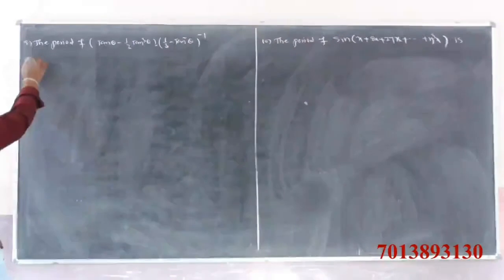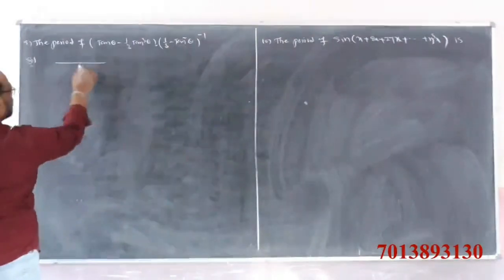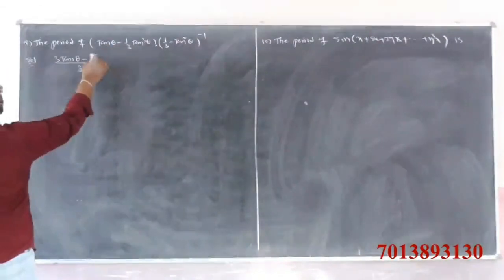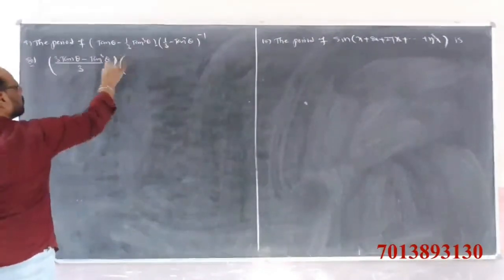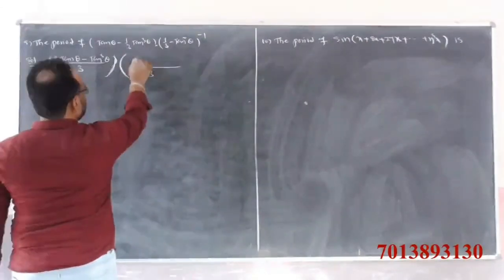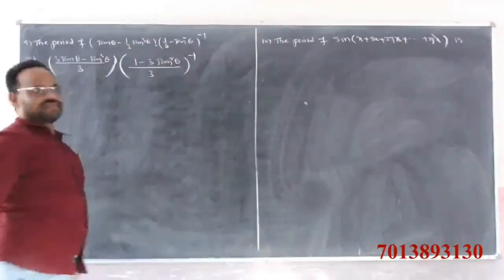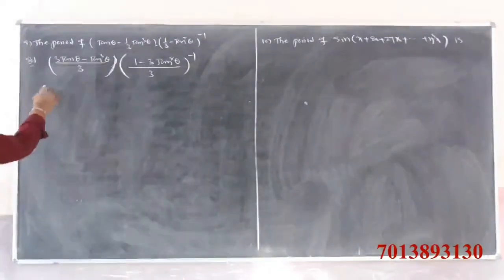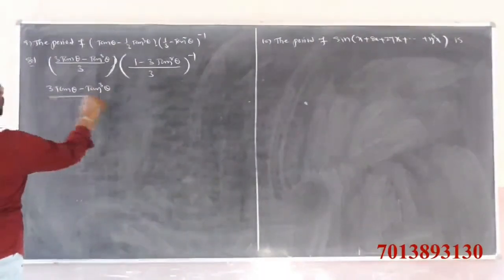That is the solution here. For tan theta minus tan cube theta over 3, if you do LCM, we get 3 tan theta minus tan cube theta by 3.